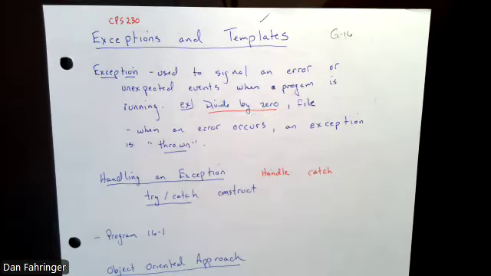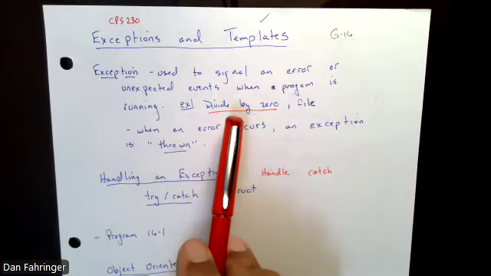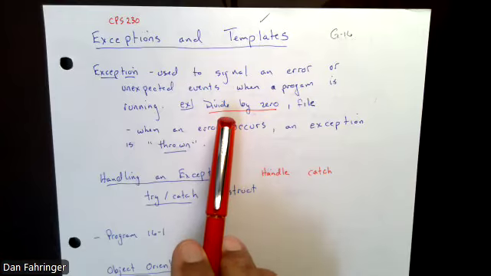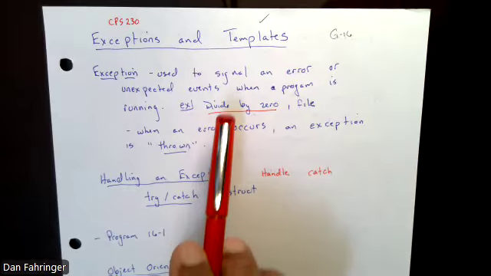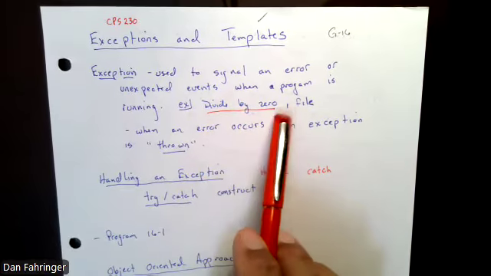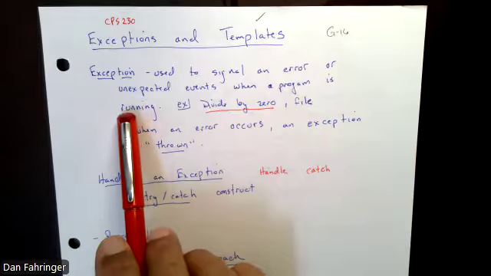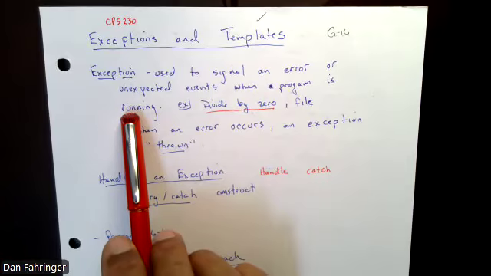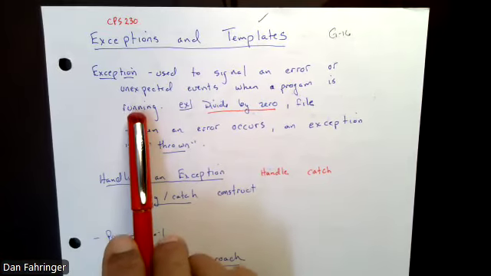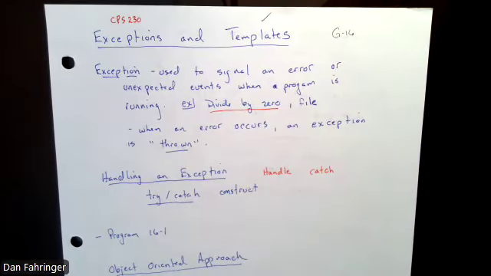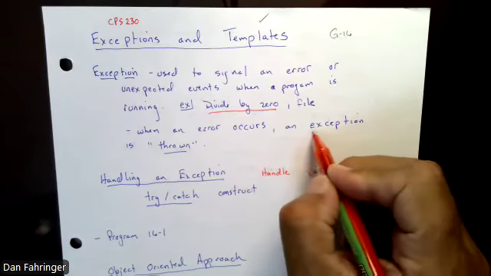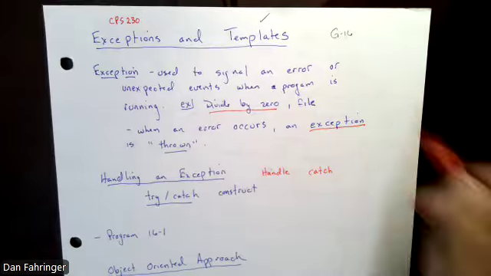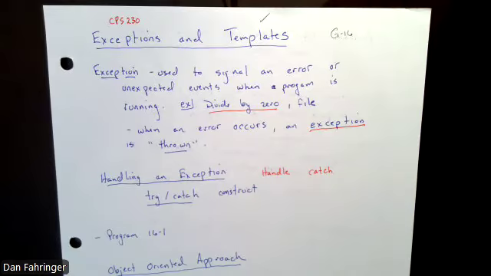So an exception is when we get these, let's see, we had syntax errors, we had logic errors, and what was the third group? They were called runtime errors. Okay, I was pointing to running. Runtime errors. Now when this runtime error occurs, this thing called an exception happens, and an exception is thrown.